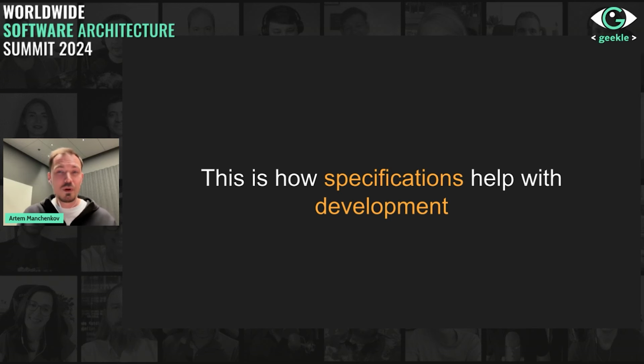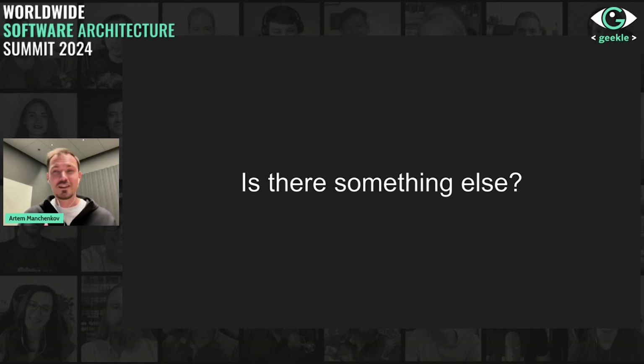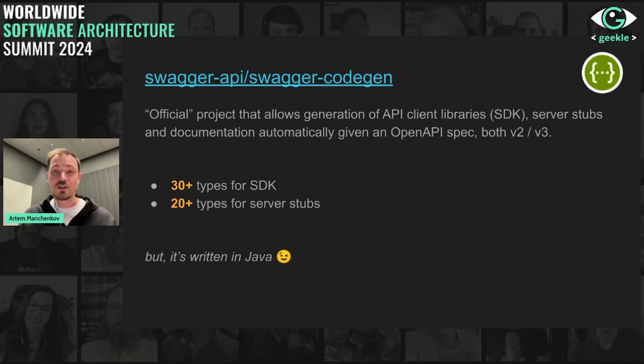This, of course, inspired me, and I decided to take a look again and see what else we have there besides this package to leverage the power of specifications and bring my designing skills to the next level. And to my surprise, there was actually a default, or let's say, kind of official package from the Swagger team, which provides a similar experience.